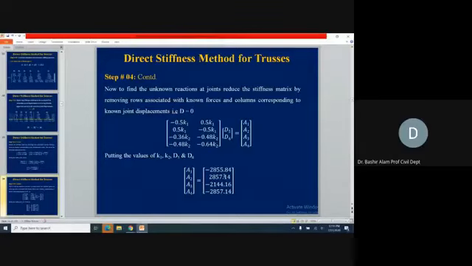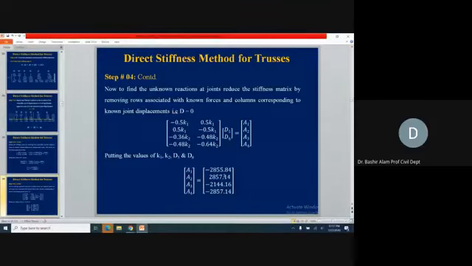Somehow, if we can transform them into the member local axis system, then whatever displacement in the local axis we have at one end and at the other end, if we find the difference of those, that will give us the elongation or the contraction in the member.